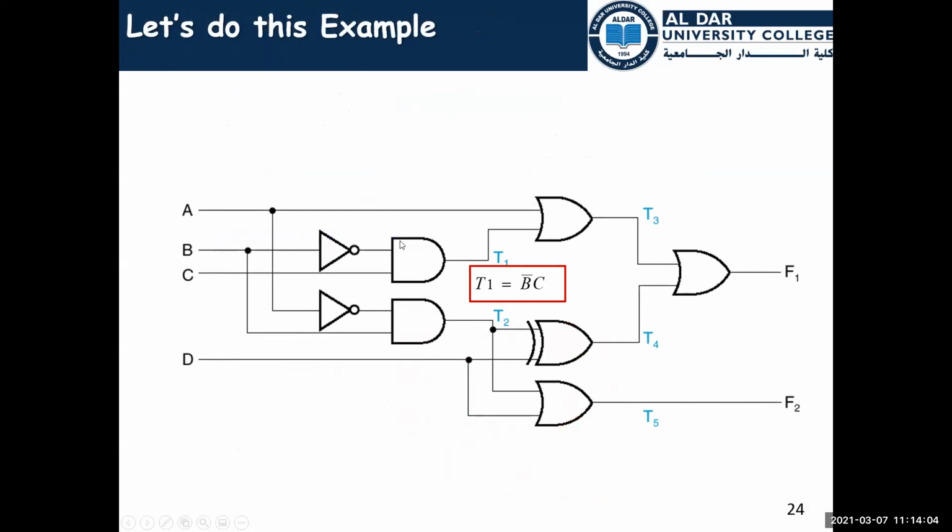T1 is B dash and C. What about T3? T3 is a function of T1, so T3 is A or T1, then substitute T1 to be B dash C. So T3 is A or B dash C.